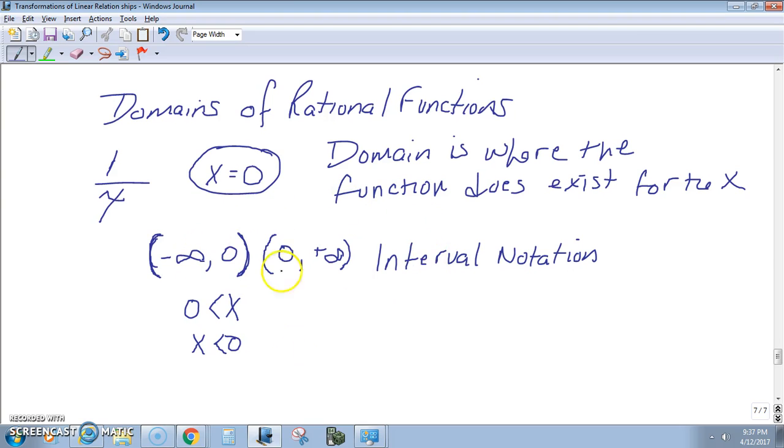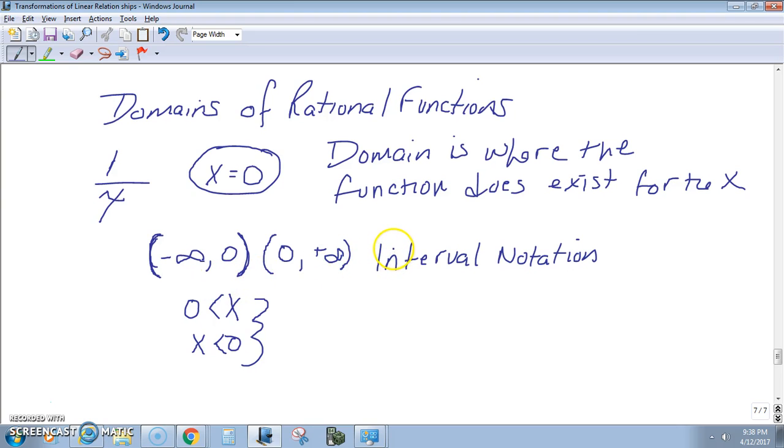I wrote this backwards; technically it's okay to write it that way, but I don't like it. So here x is greater than 0, here x is less than 0. If it had been in between, it would have been a little bit easier to write that way, but as an inequality, this is what it looks like. Interval notation, this is what it looks like.